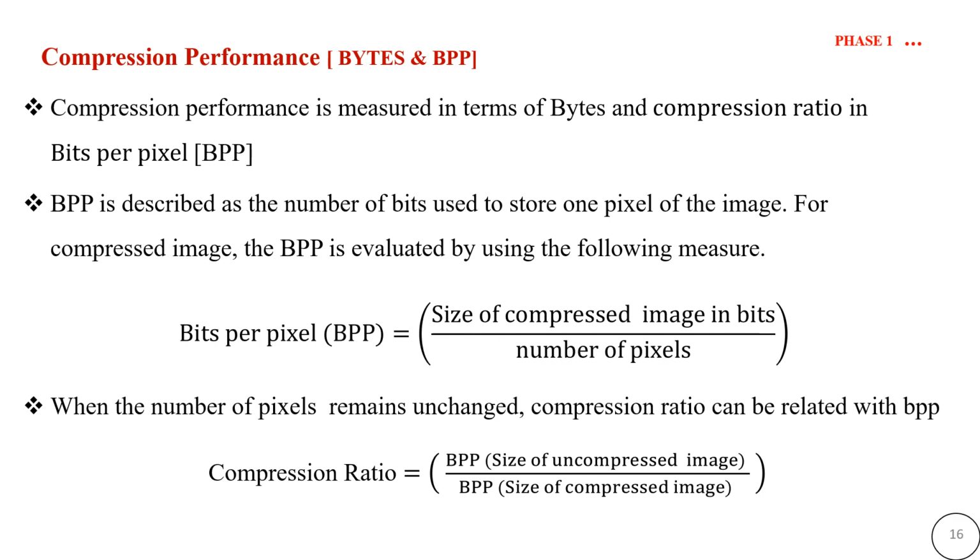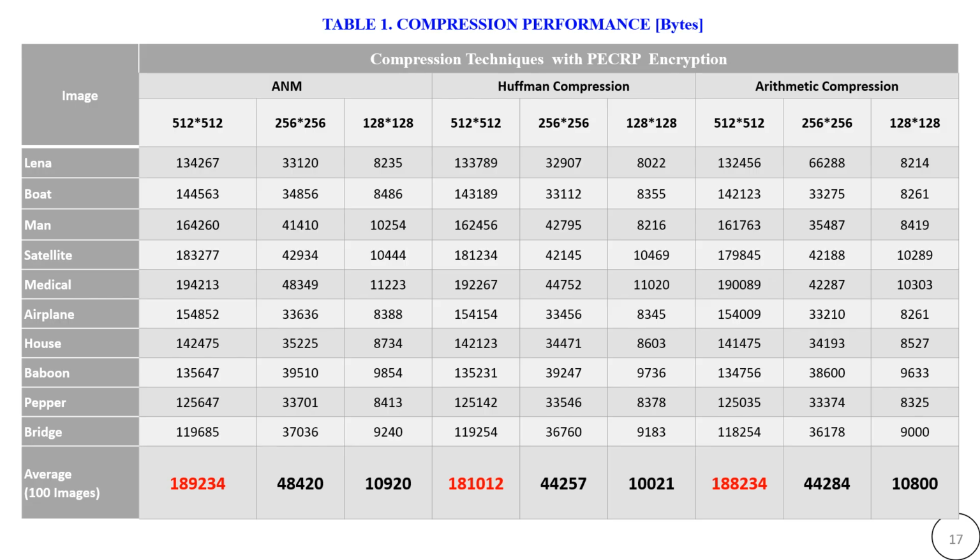A table shows the compression performance. We are taking a test data set composed of 100 images with various characteristics.